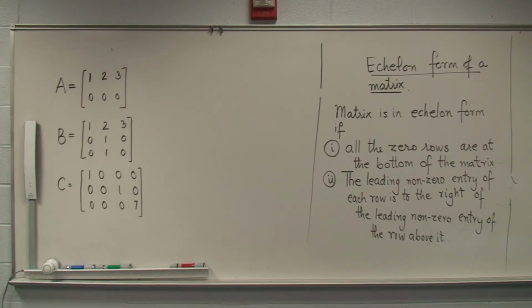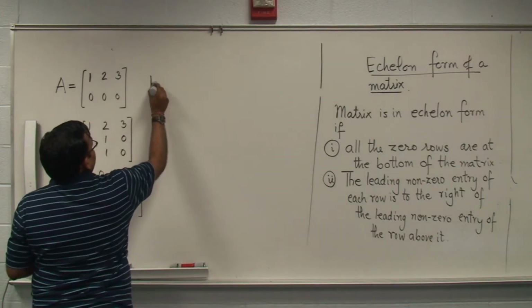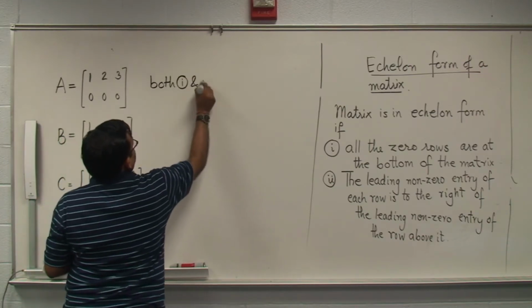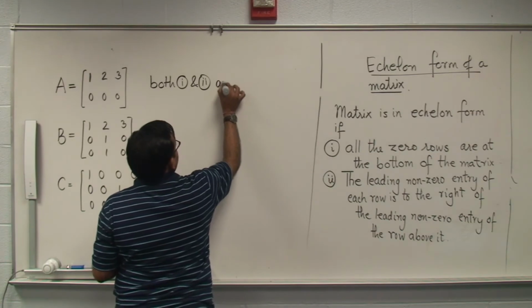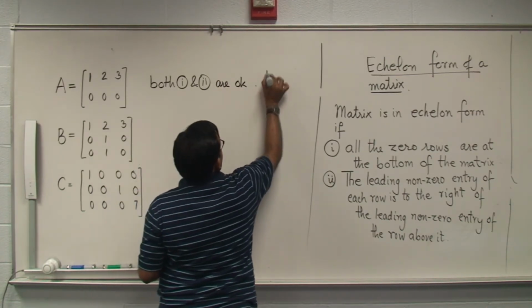It has a leading non-zero entry 1. There is nothing above it, so there is nothing to compare. And there is no other non-zero row. So it satisfies both 1 and 2. So both 1 and 2 are satisfied. So that means that this is in echelon form.